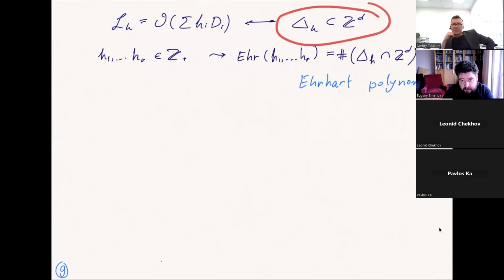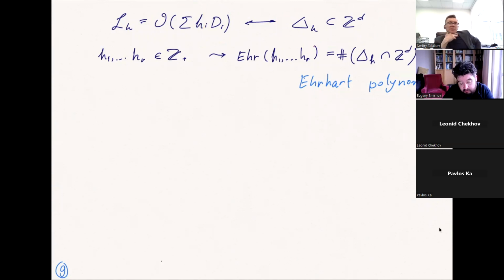again, I can take a virtual polytope defined by these numbers. And if my numbers are integers, and I get a polytope in a lattice, suppose I get an actual polytope, I can count the number of integer points of this polytope.